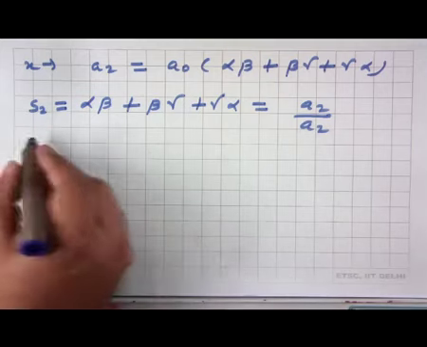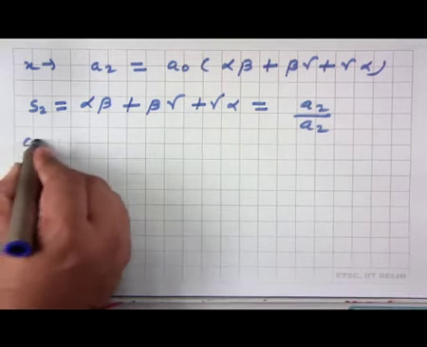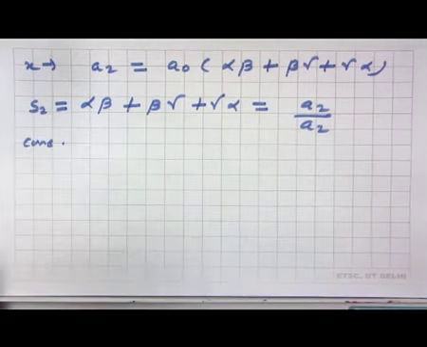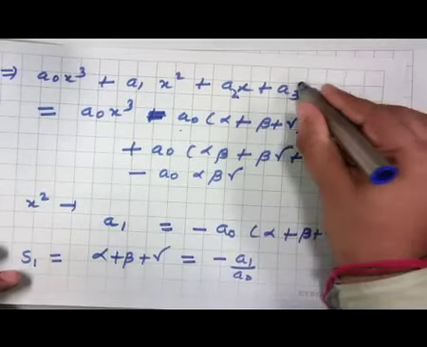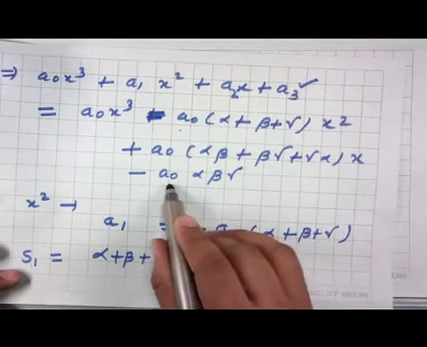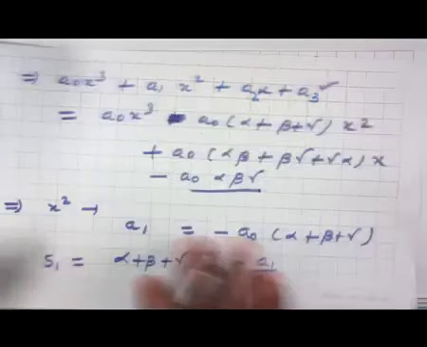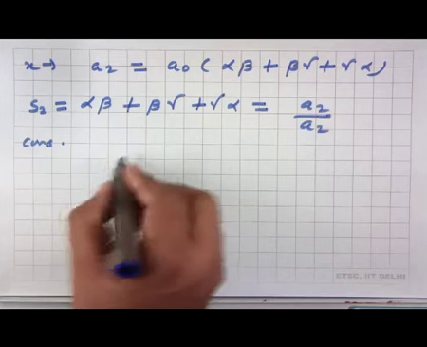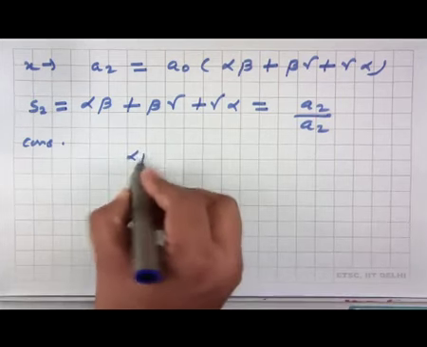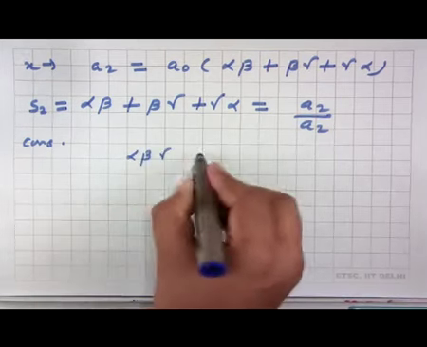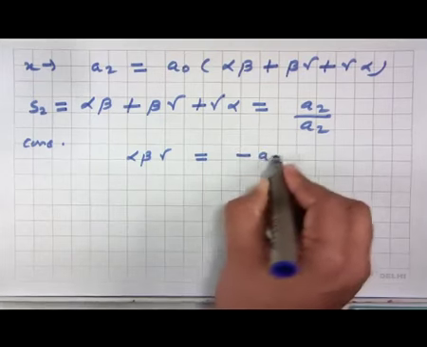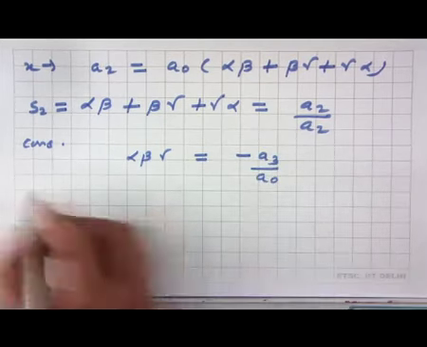Now we can compare the constant part. Here the constant part is a3, and in RHS the constant part is −a0 alpha beta gamma. So alpha beta gamma equals −a3 over a0.